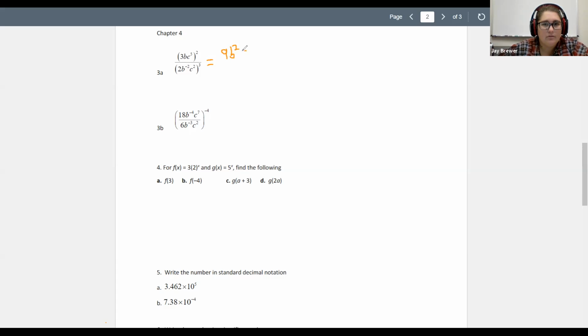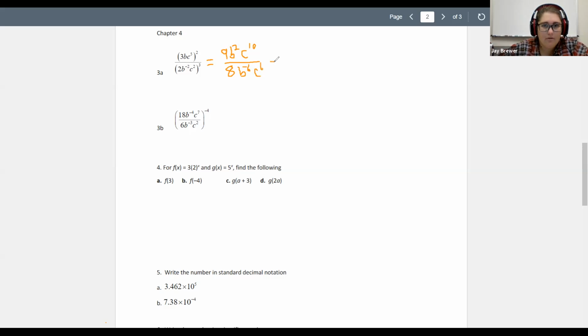C to the fifth squared is c to the 10th. Okay. 2 cubed is 8. B to the -2 cubed will give me b to the -6th. And then c squared times 3 will give us c to the 6th.